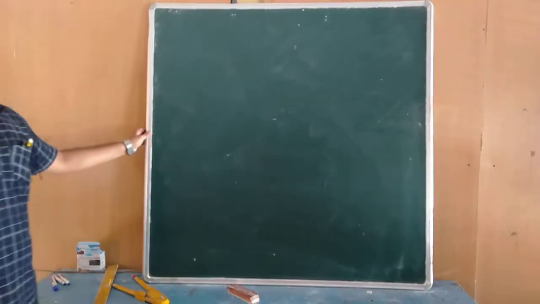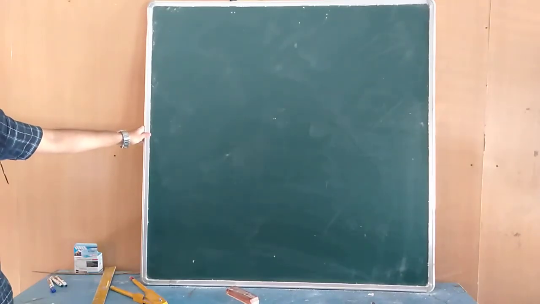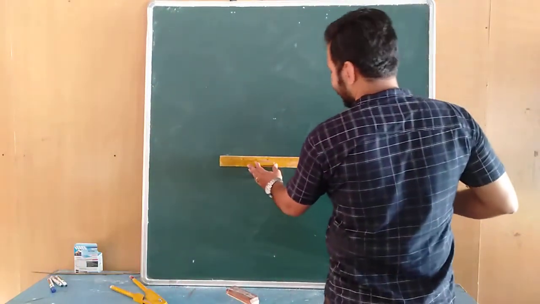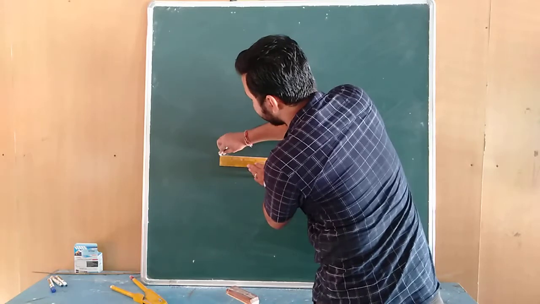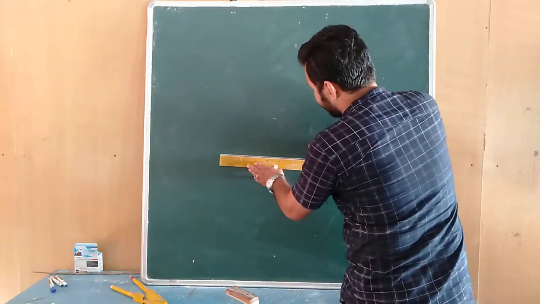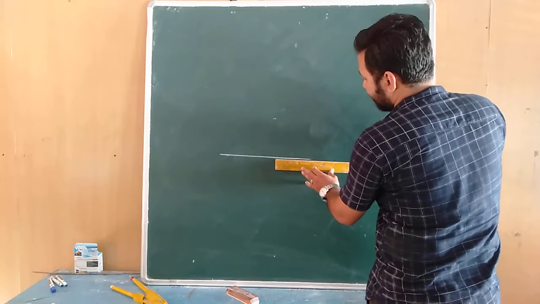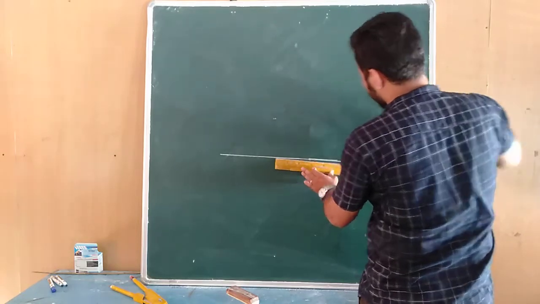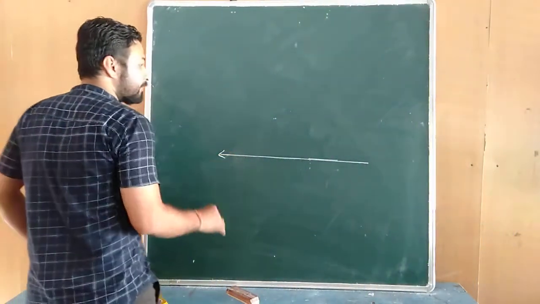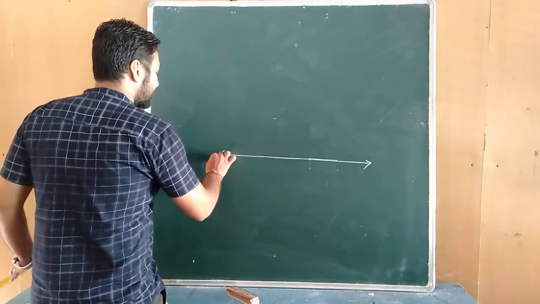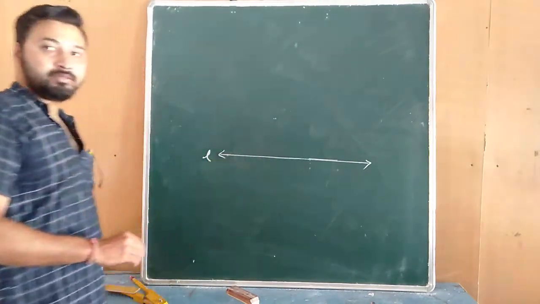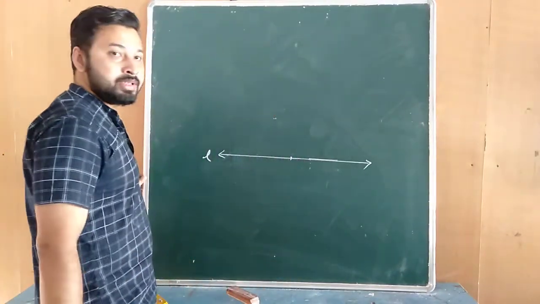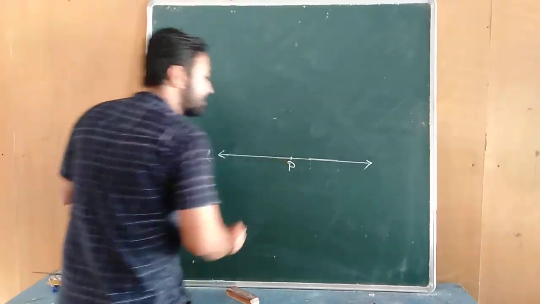Now we need to draw an angle of 135 degrees. So for that, we will take a line, not a line segment. Say L is a line, and on L, say P is a point.